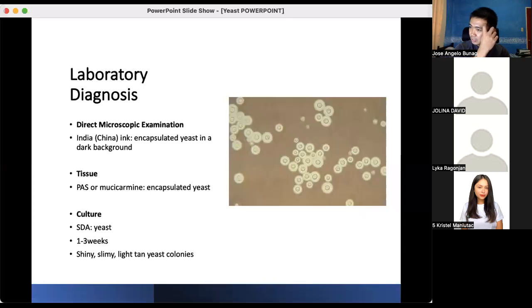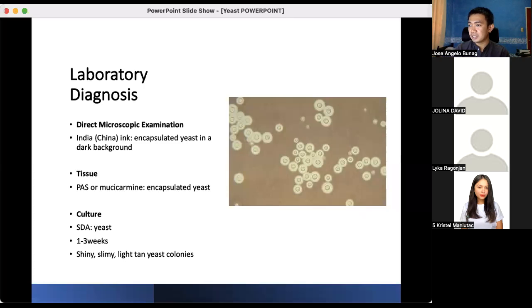This is considered the most common way of identifying Cryptococcus species. With India ink, the ink pigments cannot enter the cell capsule surrounding the yeast cell, so it forms a zone of clearance resulting in a halo appearance.